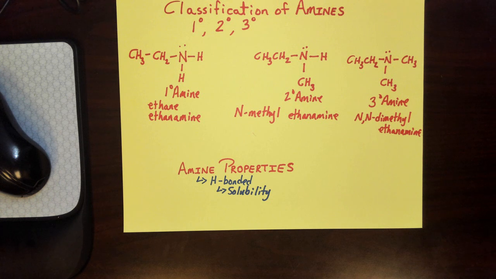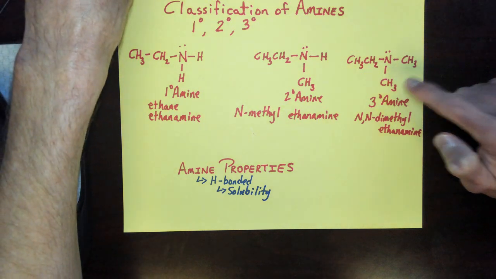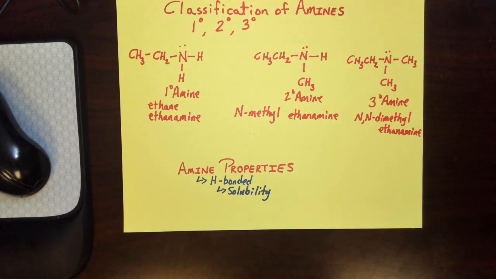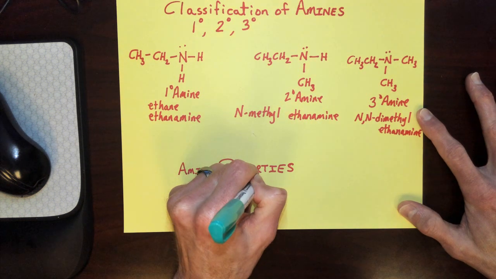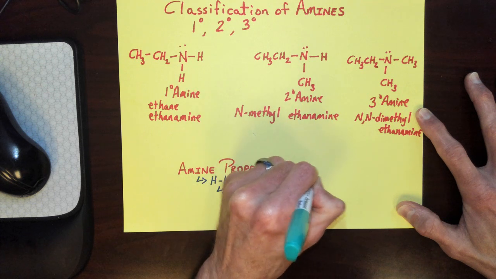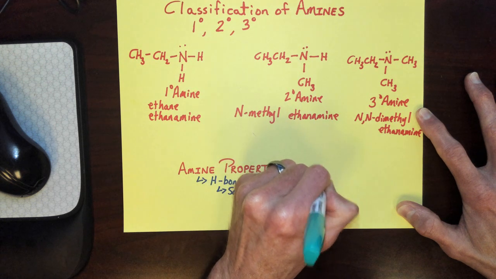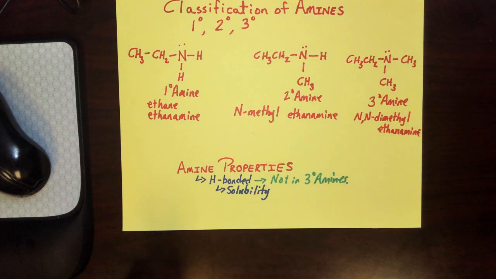Okay? One thing too specifically about tertiary amines is, we don't look for them to have that great hydrogen bonding influence. Okay, so not in tertiary amines, but present in primary and secondary.